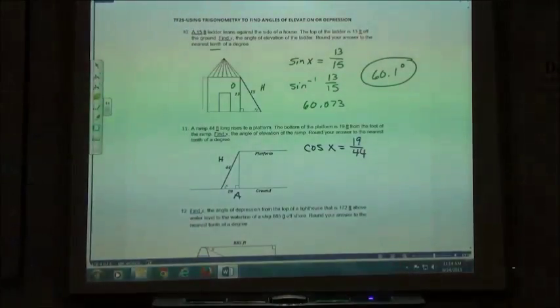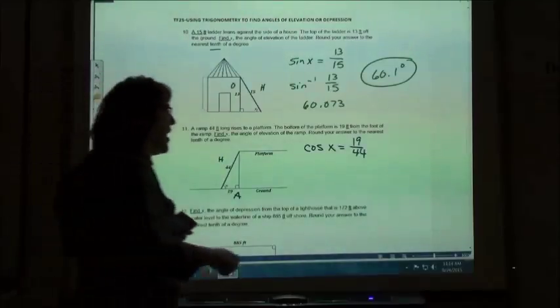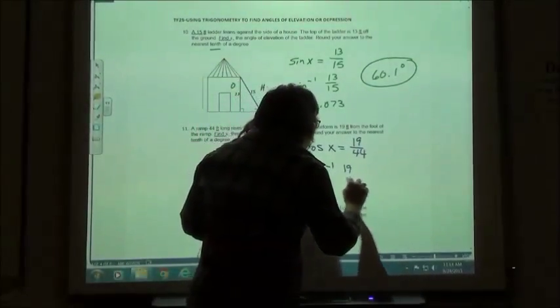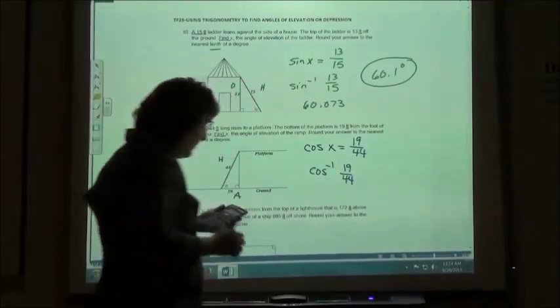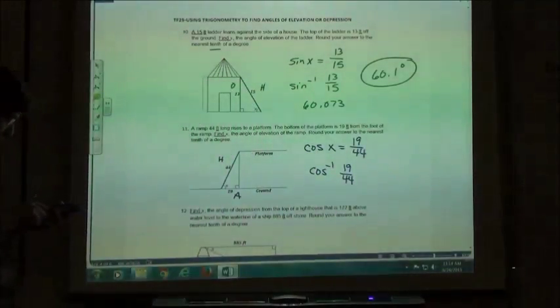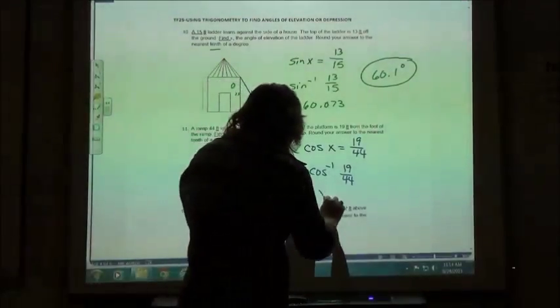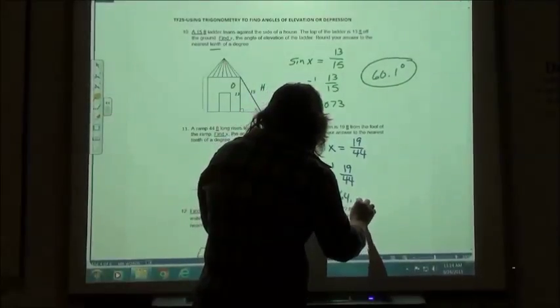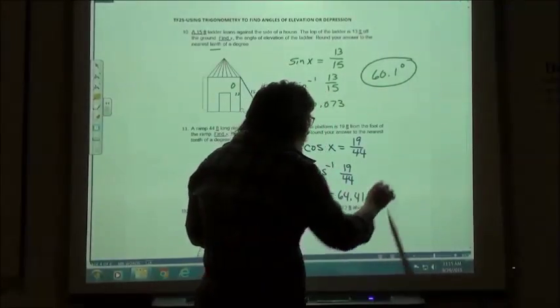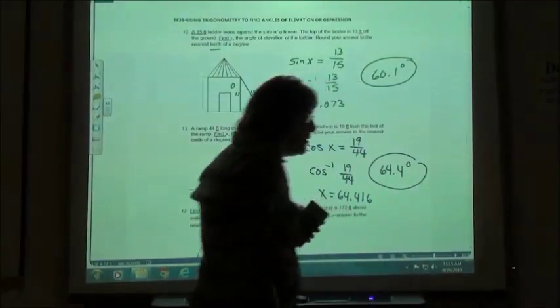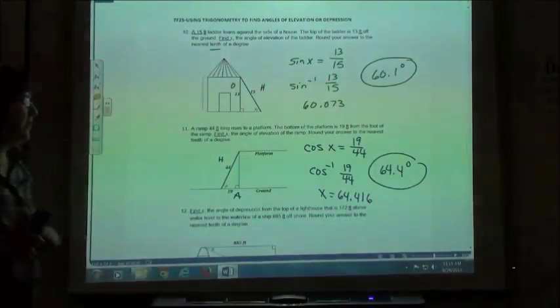So again, since we want to find x, we have to do the inverse of the cosine to undo that, or the arc cosine of 19 over 44. So shift cosine 19/44, and x is going to be 64.416, which rounds off to 64.4 degrees for our answer for what is the angle of elevation.